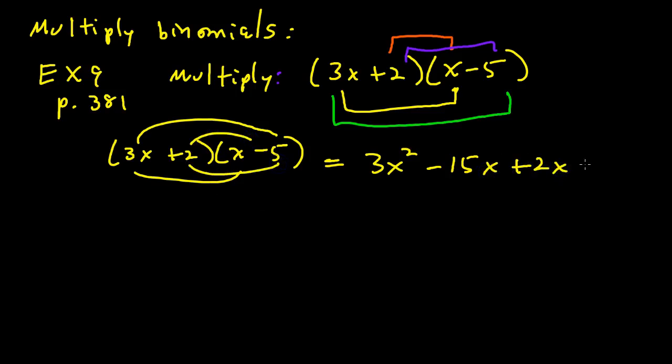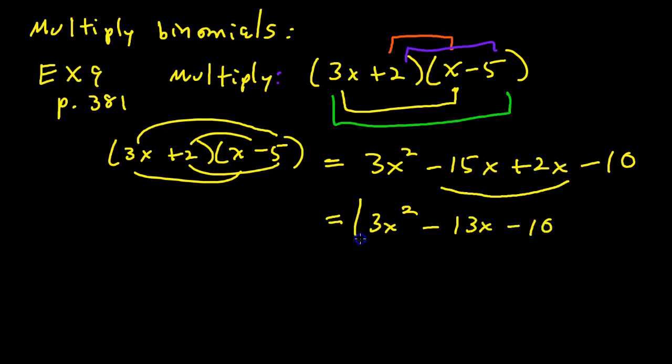And the last product is minus 10. All right, now often, but not always, the inner and outer product are like terms and of course can be combined. So combining those like terms, minus 15x plus 2x is minus 13x. Final answer, 3x squared minus 13x minus 10.